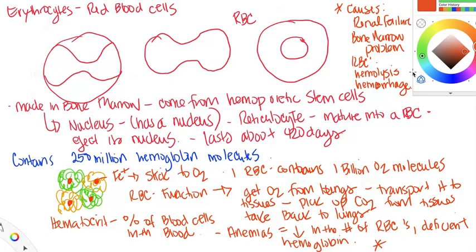So that's basically the story of red blood cells. Again, they're called erythrocytes. Function: transfer oxygen and CO2 from lungs to tissue and tissue to lungs.